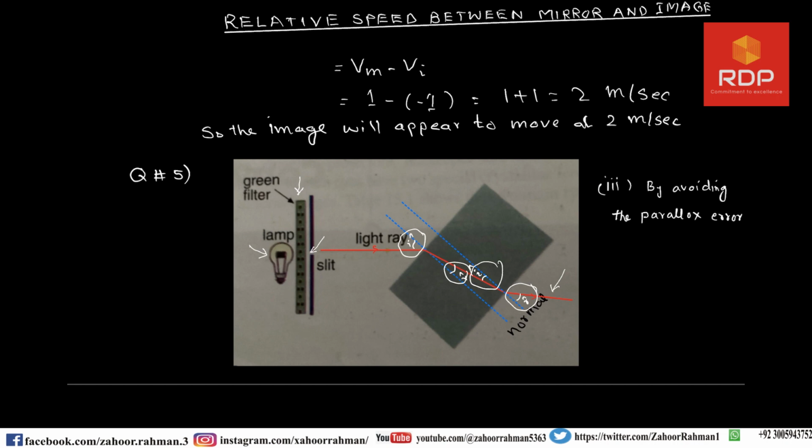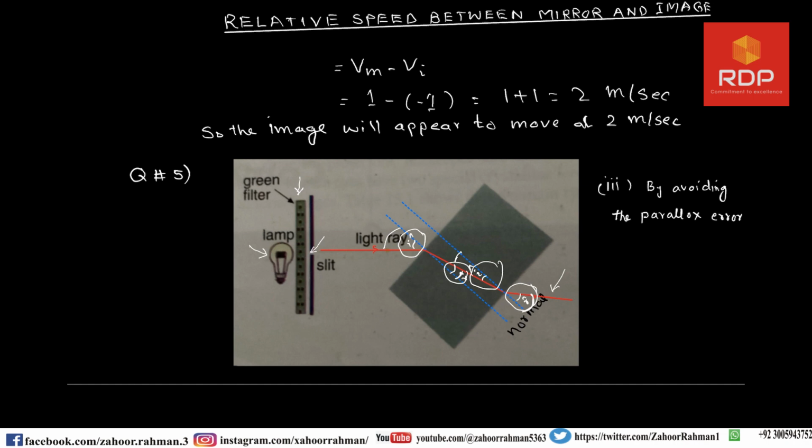The third and final part of this question is saying how could you improve the accuracy of the value of the refractive index obtained by using this apparatus. First of all, to make sure that this angle is equal to this angle, this should be measured precisely, and this angle must be equal to this angle.